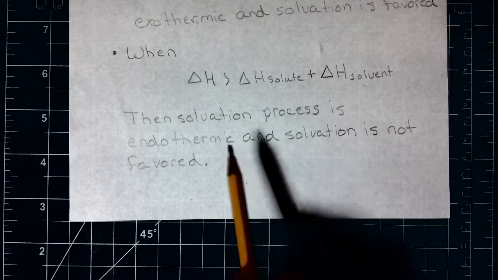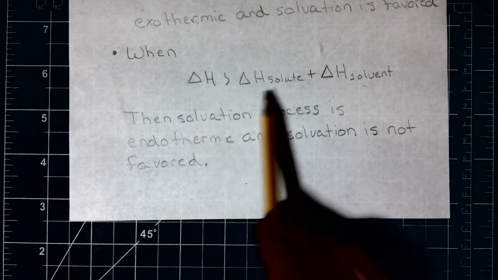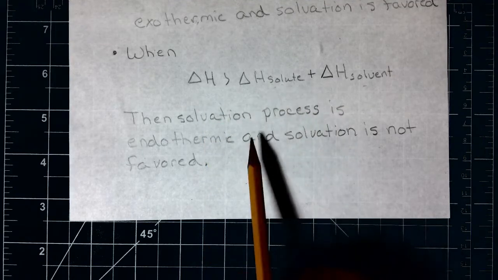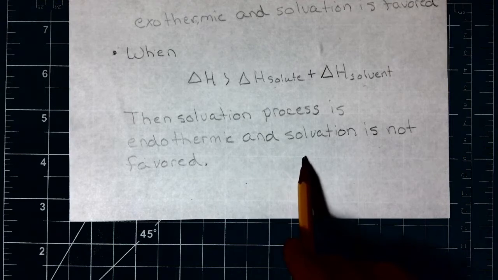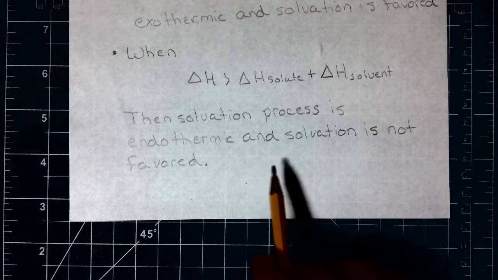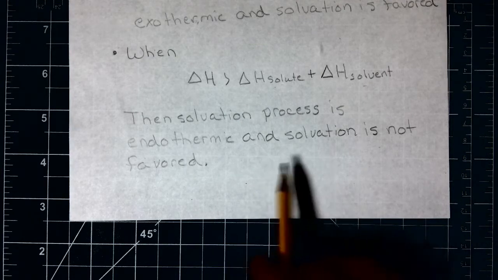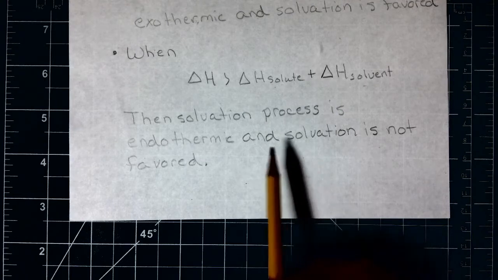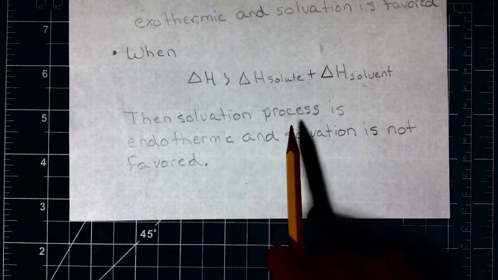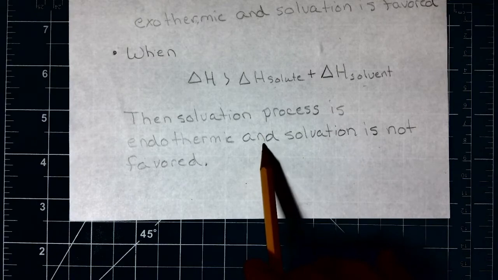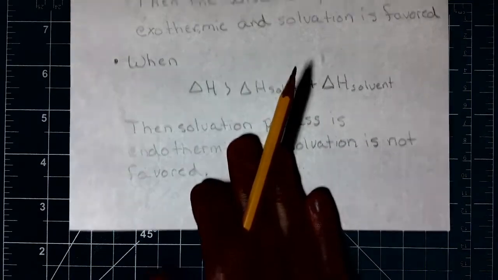Now, it can be true that this could occur if the other term, the T delta S, is so negative, the negative T delta S term is so negative that it overcomes this. But sometimes this could hinder the formation of a solution altogether.